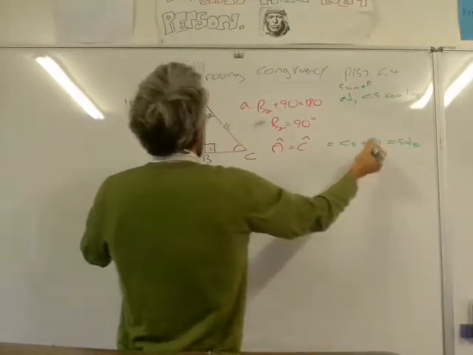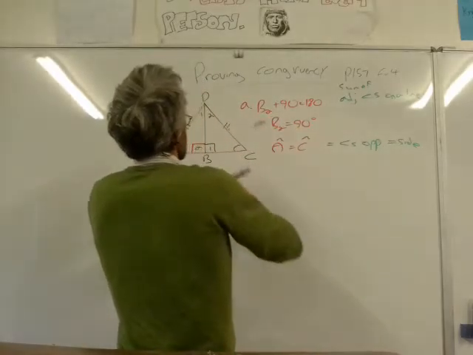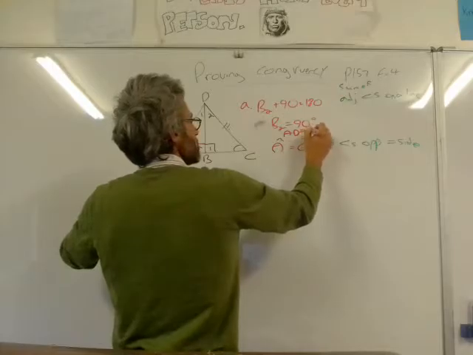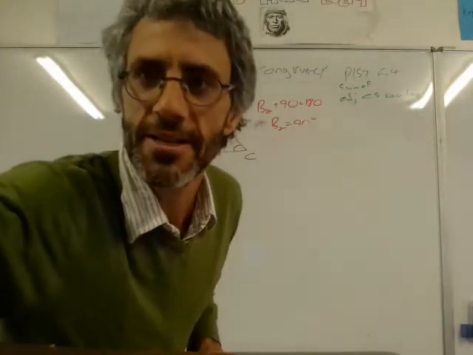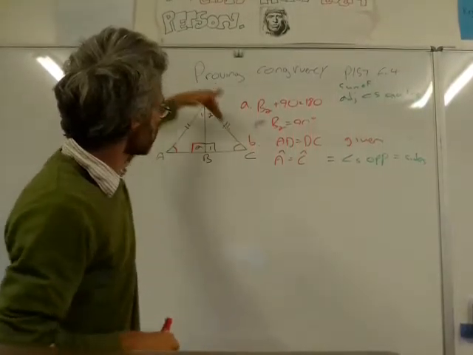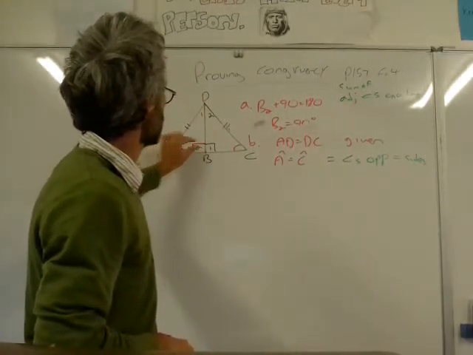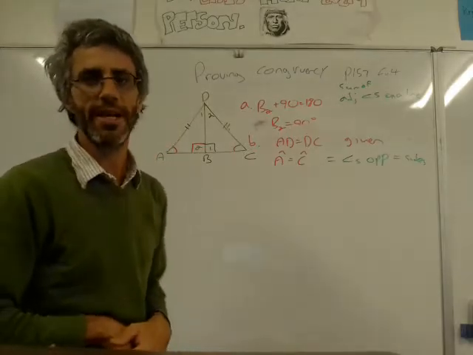I should really also say here, maybe before that, the two sides that are equal: AD equals DC. Okay, let's just do it properly. So first of all, I've got to say AD equals DC. Why? Because it's given. And then I've got to say the angles opposite, A and C, are equal because equal angles are opposite equal sides.